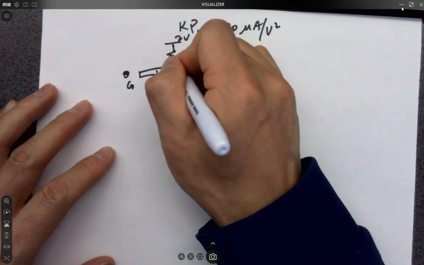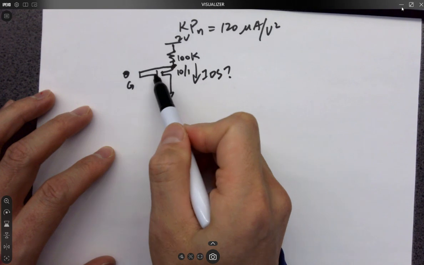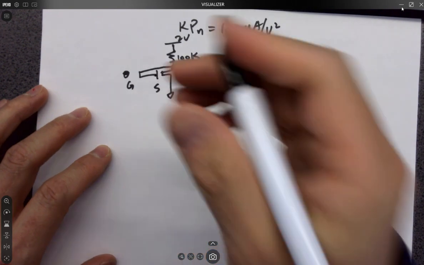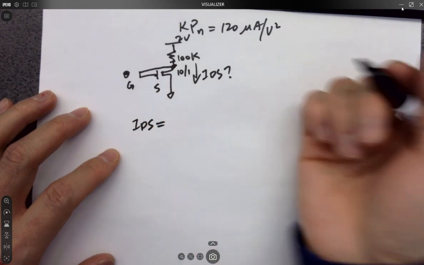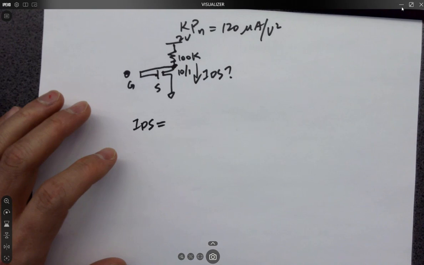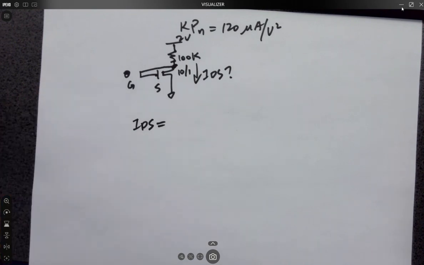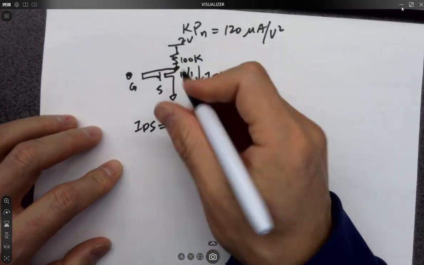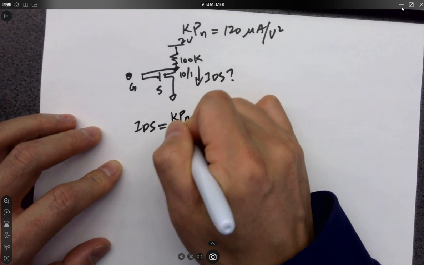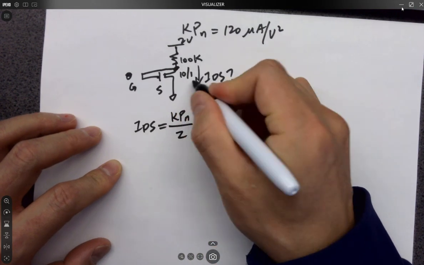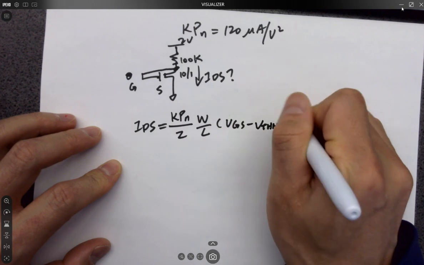Okay, because this voltage here is not given, right? It's the same node as here and here. So the first equation is IDS, a square law equation. Since we don't know if this guy is being operated in the saturation region, we just assume it is, so the equation looks like this. KPN, which is a constant, width over length, which is 10 to 1, VGS minus VTHN square.